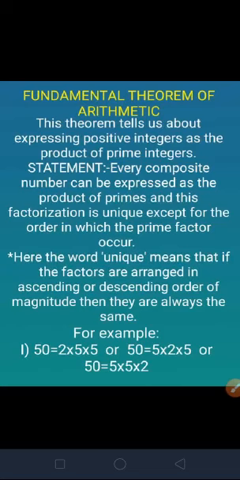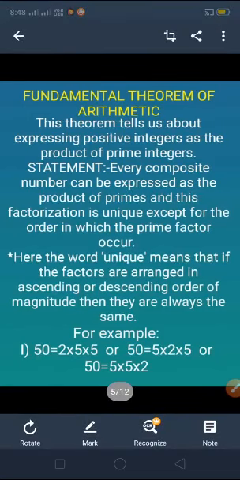Here the word unique means that if the factors are arranged in ascending order or descending order of magnitude, then they are always the same. Let us see the example.